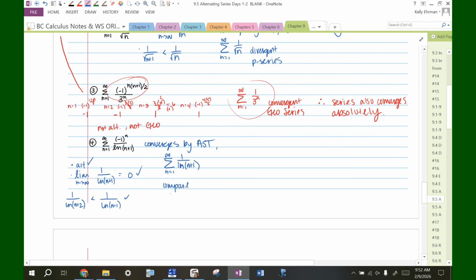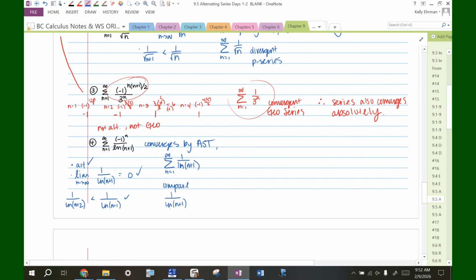And you have a couple of options. I would say 2 options for what to compare this to. Think about function races. This is what I always default to. Natural logs are one of our slowest growing functions that we work with. So you could go to linear, or maybe between linear and natural log is the square root graph.